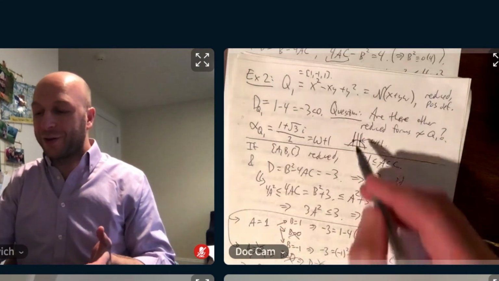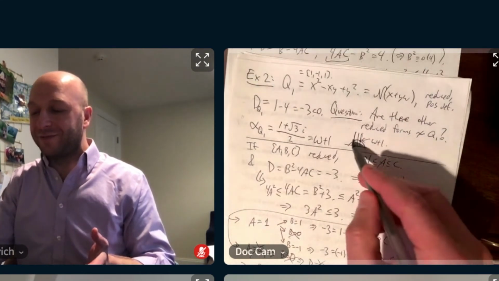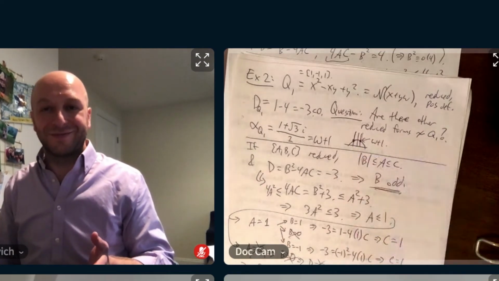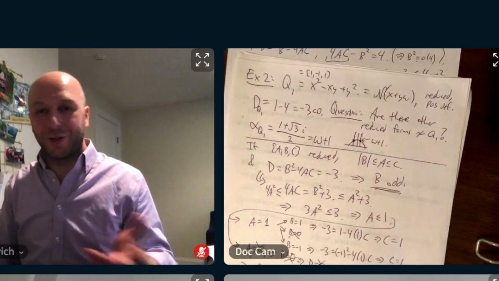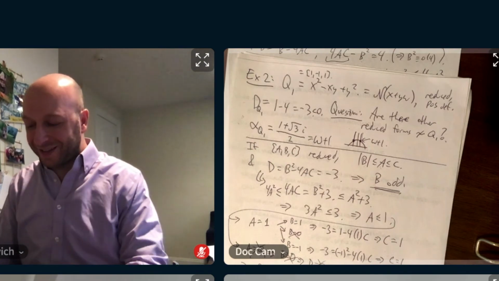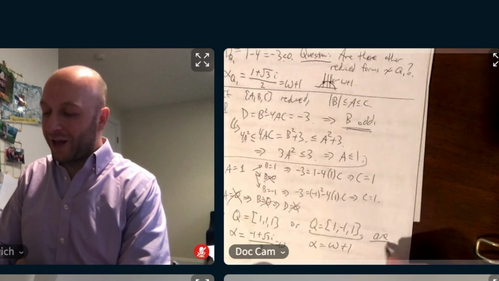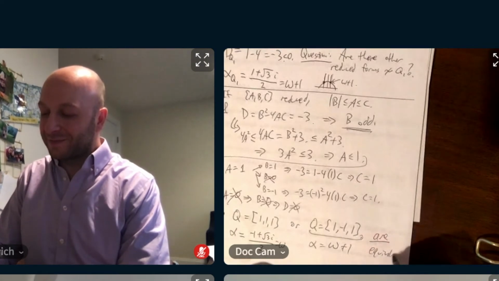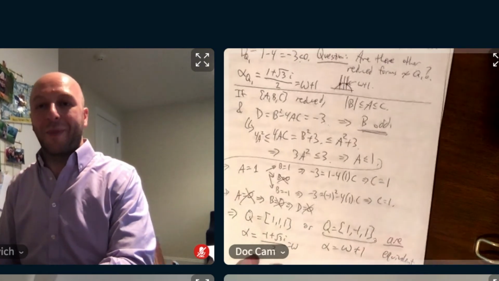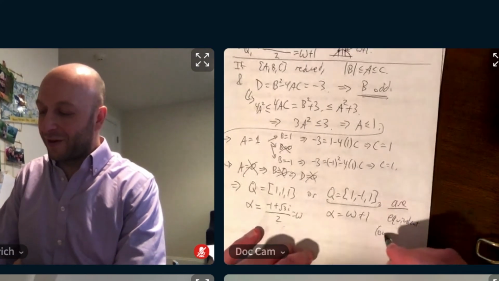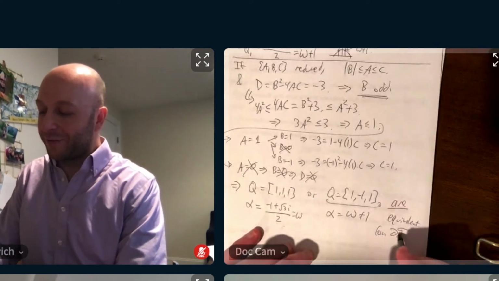They're equivalent under what map replaces w plus 1 with w? Or w with w plus 1. T, exactly. So these are equivalent. These are equivalent. But they're on the boundary of the fundamental region, the fundamental domain.